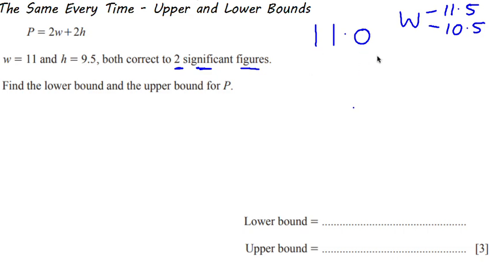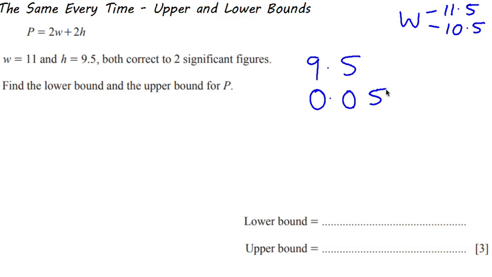Now I do exactly the same thing, or the same idea anyhow, for the other quantity, which is the quantity they've called H. So H is 9.5. And then underneath each of the digits that they give me with the H, I have to write down zeros and then just another 5. So to get the upper bound, I add 9.5 plus 0.05.